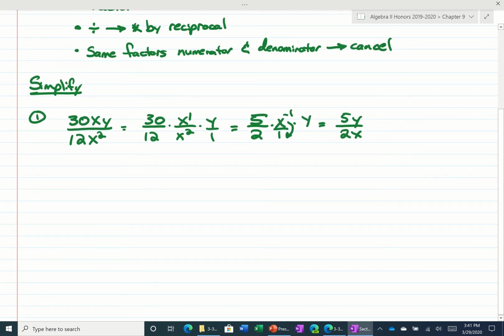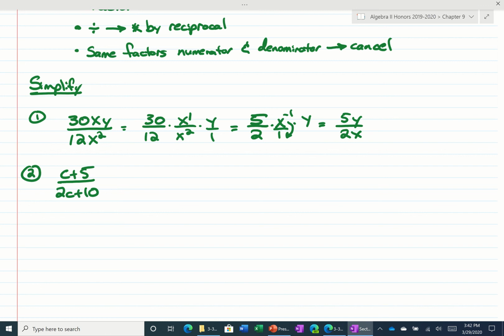Let's try something else. How about this one? c plus 5 divided by 2c plus 10. Now, you definitely don't want to simplify these. You're adding the whole denominator. Remember what we always say. You can't break up a denominator unless it's multiplication or division, like the last problem.